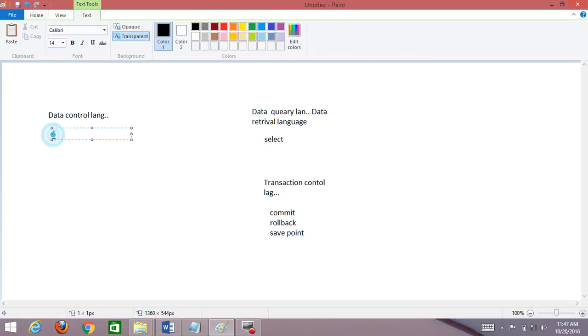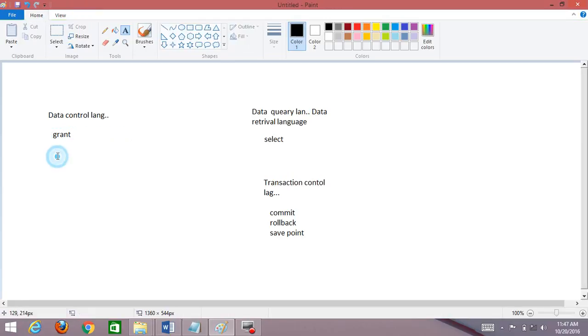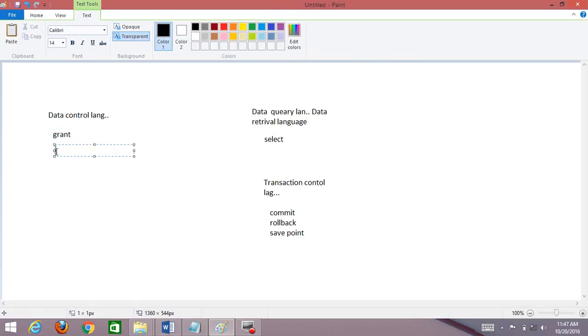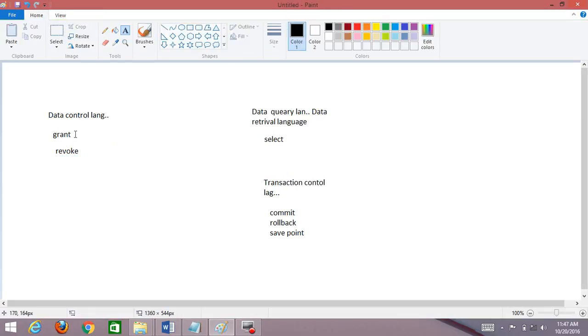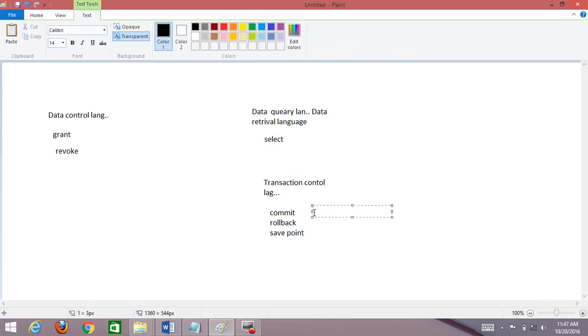Grant and revoke are the commands. Grant is giving the permission and revoke is canceling the permission. Commit, what is commit? Commit is always called save. Rollback retrieves the data of the table, like an undo. Savepoint is only for marking a save point.